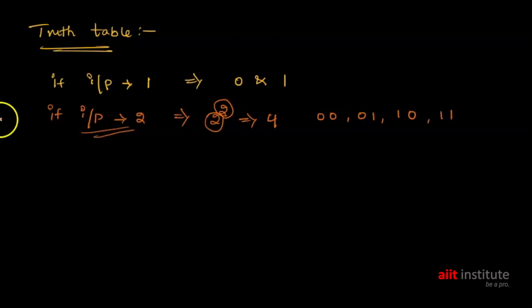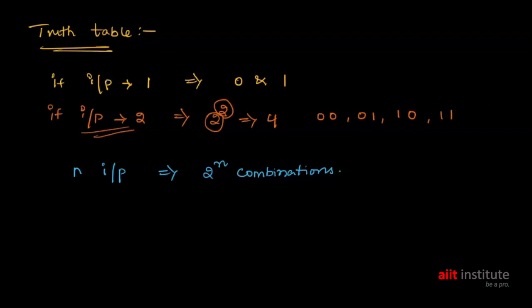So this is how we get the possible combinations. To summarize, if a logical circuit has n binary inputs, then the truth table will have 2 power n possible combinations.